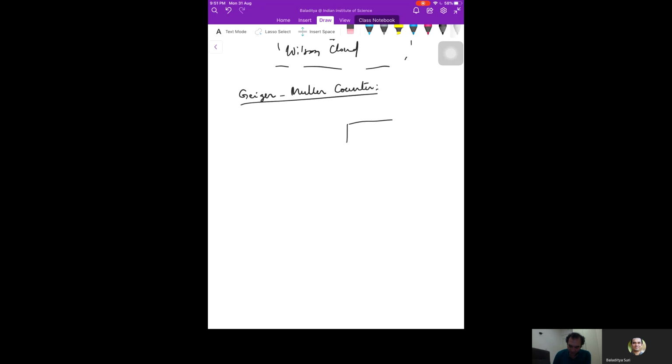Okay. So you have a steel tube, and whenever a high energy electron or a high energy photon, sorry, is incident on one end of it, you will have some photoelectric effect. Or if it does not interact with the metal atoms here, it goes in, it is filled with a dilute gas, so it ionizes one of the gas atoms.